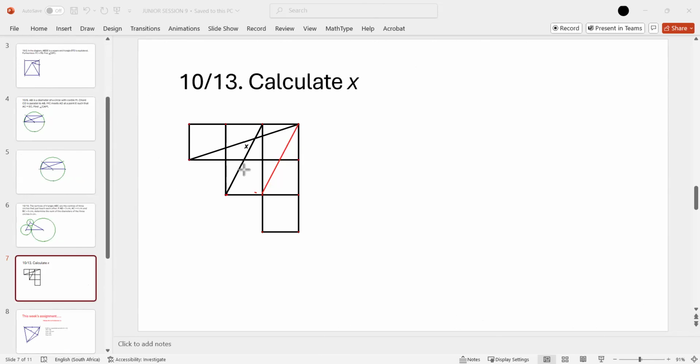And one interesting fact about quadrilaterals, right?